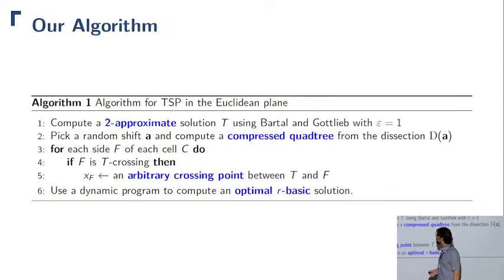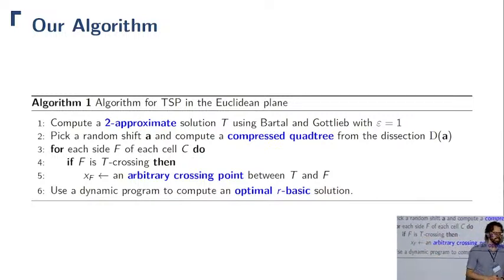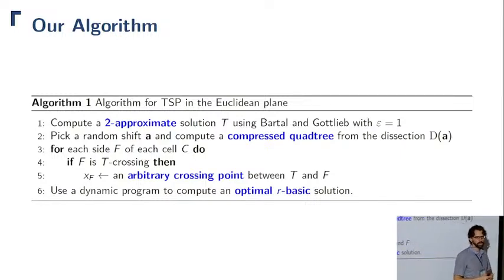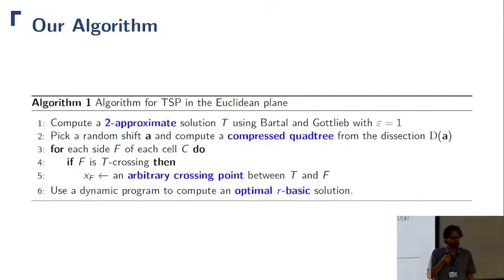And then what we are doing is we use our approximate solution T in order to add additional portals.